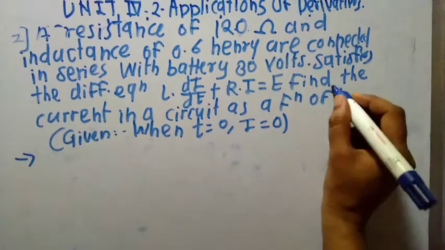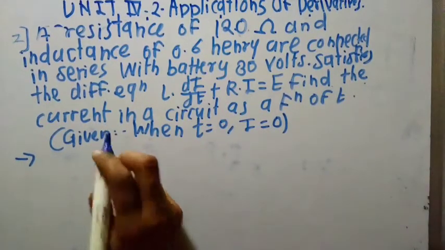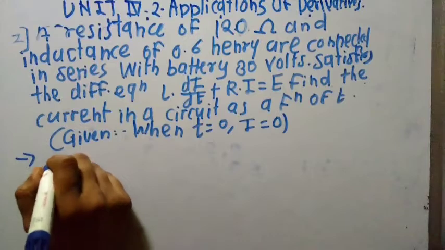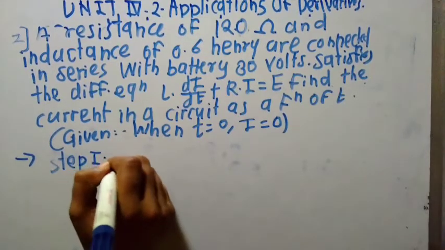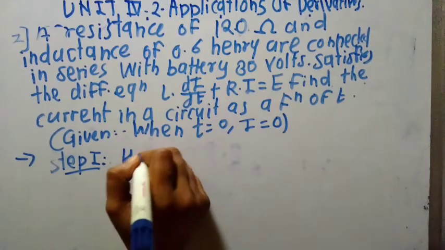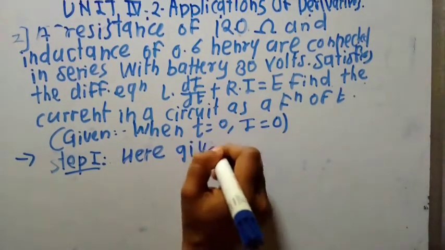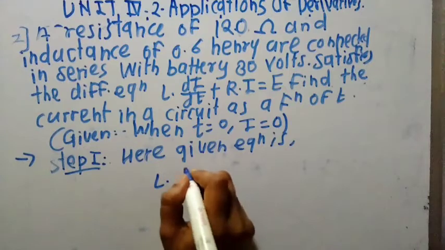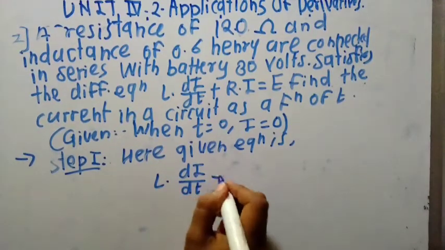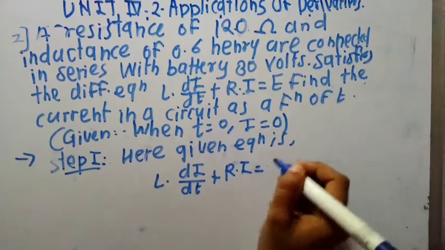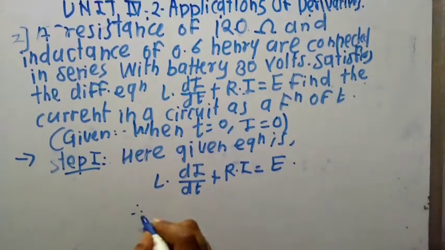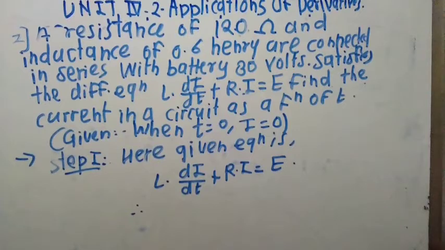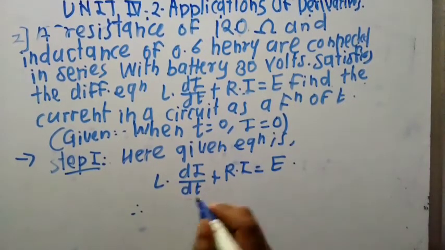Here we find the current in a circuit. Step first: the given equation is L di/dt plus R into I is equal to E. Hence, dividing by L, L and L cancel.